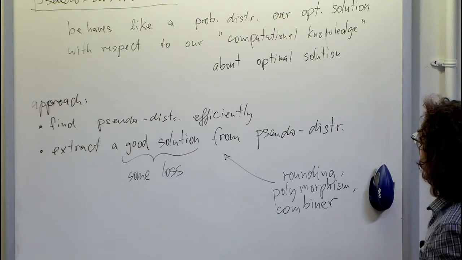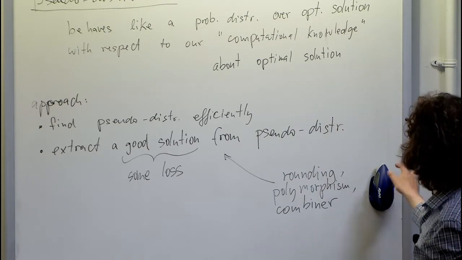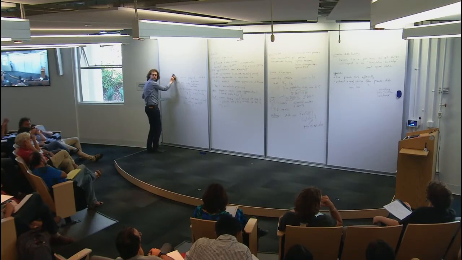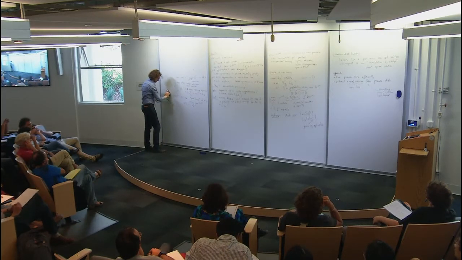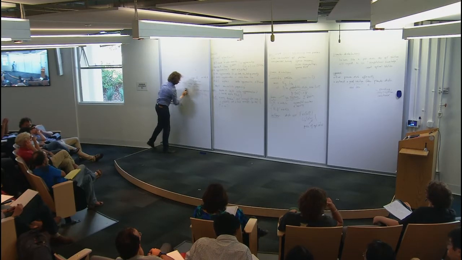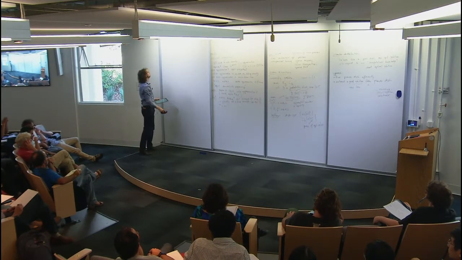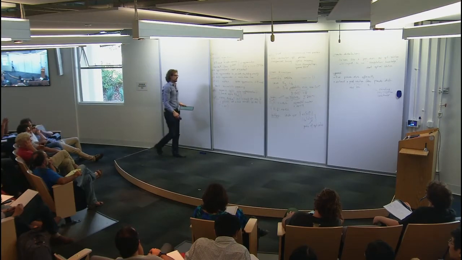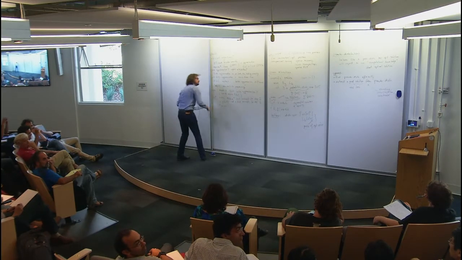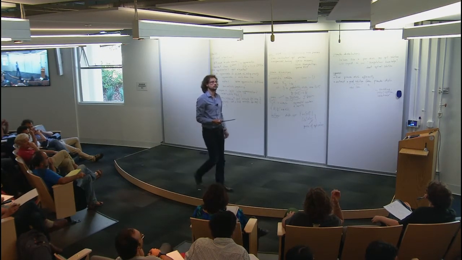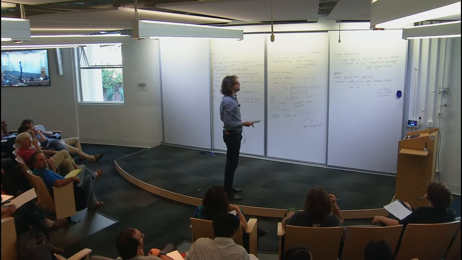Okay, so now what is this computational knowledge? Go back here. Before you get to that, why is it that with pseudo distributions things are efficient, whereas they weren't before? What's the change?